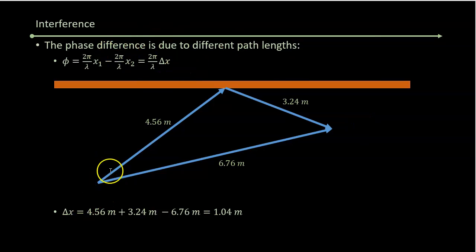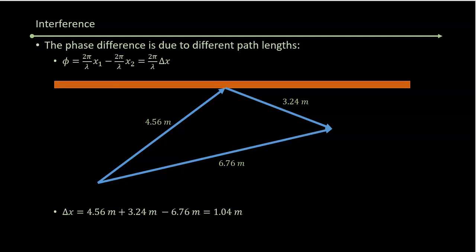It starts out at the same phase here, but over that distance, this has gone through more cycles, or more wavelengths, than the direct path. So if you look at the example I have here, you've got 4.656 meters for the long path, and 3.24 meters, I mean 6.76 meters is the short path. That's a whole meter difference in path. That adds up to a difference in what's happening out here.